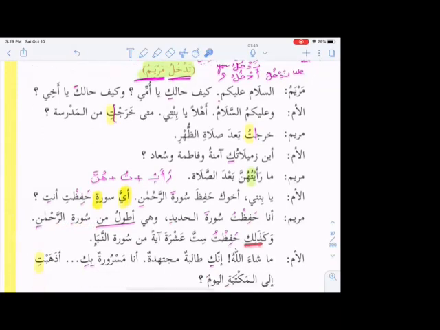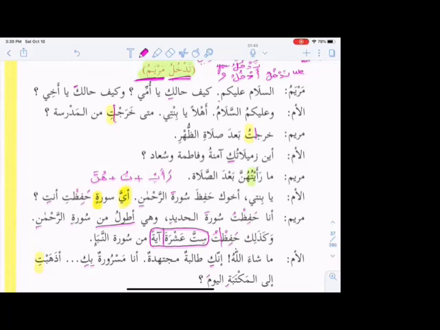Wakadhalik, and likewise, hafiztu sitta ashrata ayatan. Now here comes our number. Sitta ashrata ayatan. Now, do you see here something?